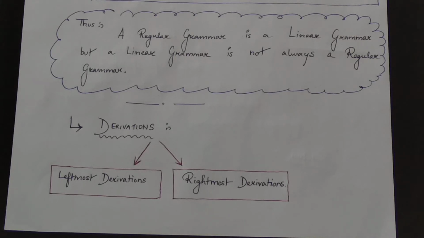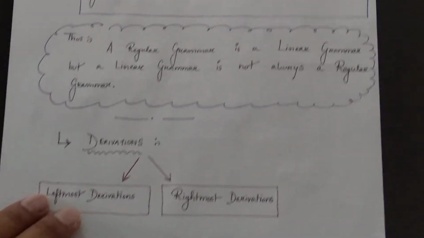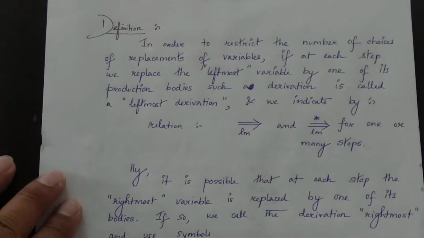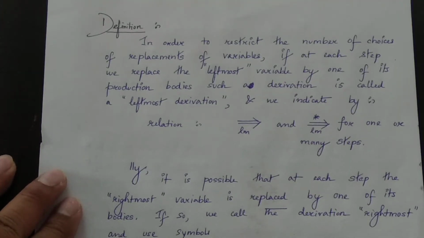But don't worry, we will also discuss in this video lecture with an example. So let us check what is in the next topic. I have prepared a definition for leftmost derivation and rightmost derivation. I don't want to describe this.